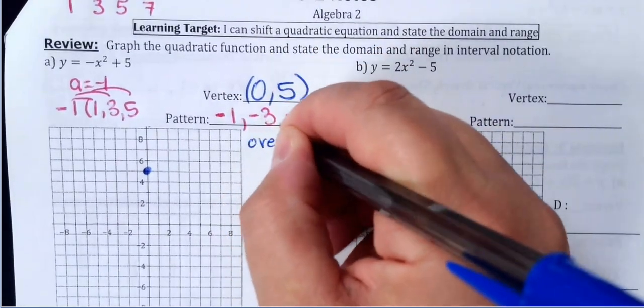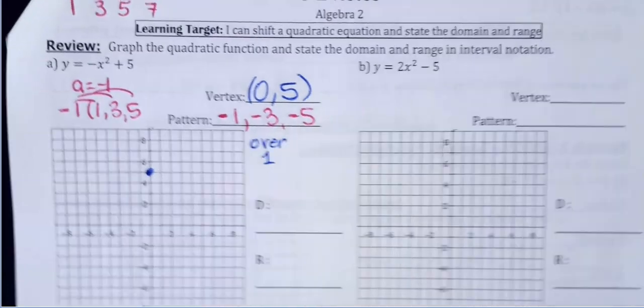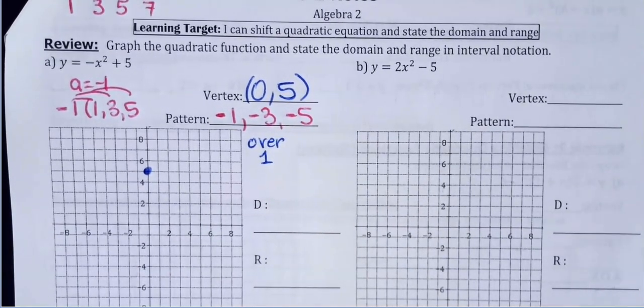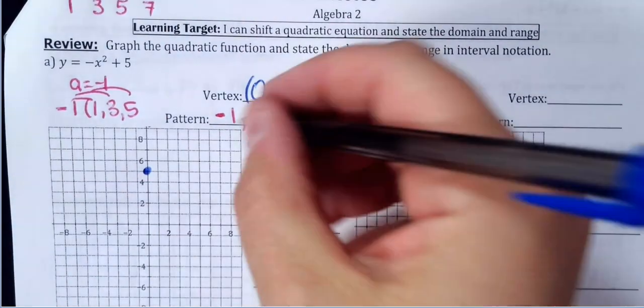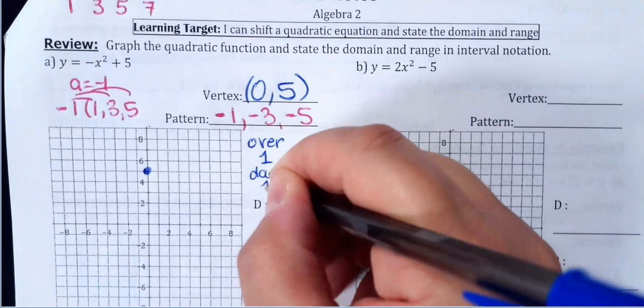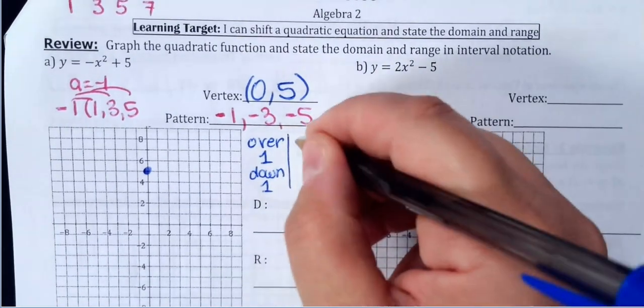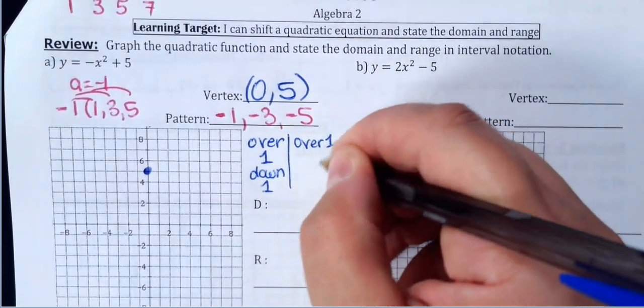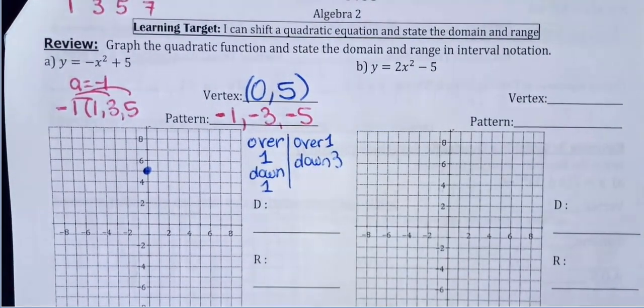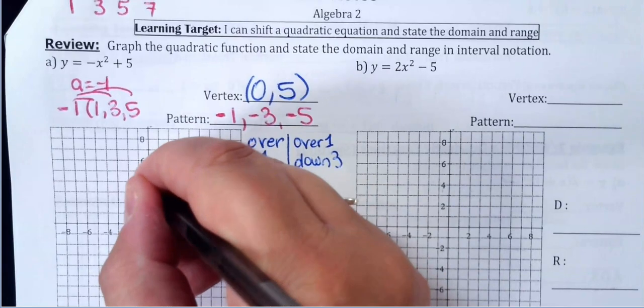But you're going to go over 1 on either side of that vertex and then up or down the pattern. In this case, the pattern is negative 1, negative 3, negative 5. So I would go down 1. The next step you would go over 1 and then down 3, and then I'd go over 1, down 5. So on either side of that, just over 1, down 1.